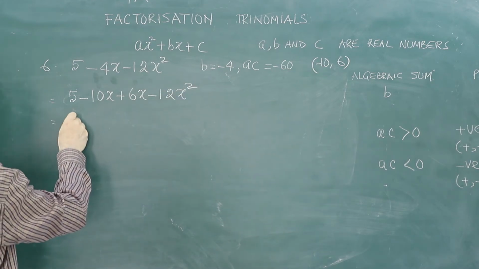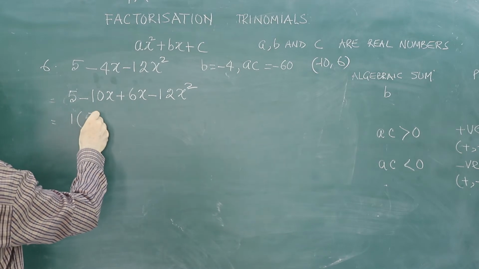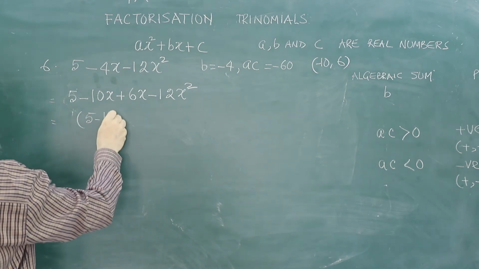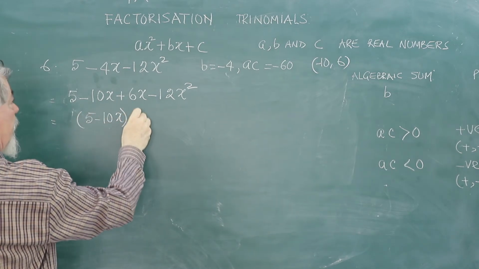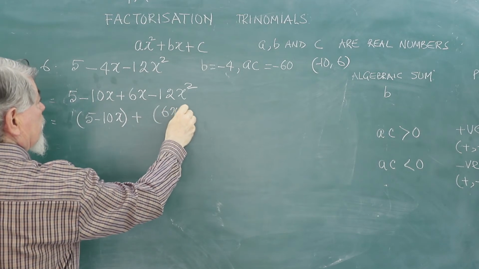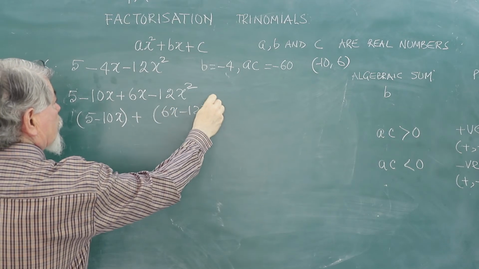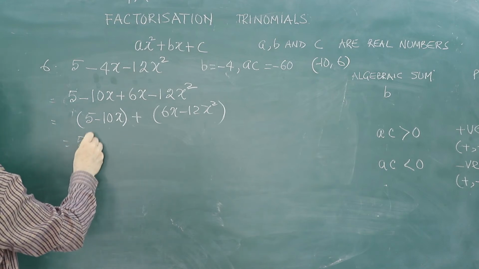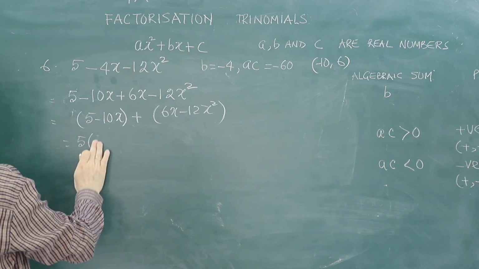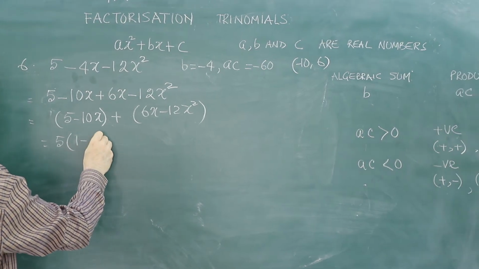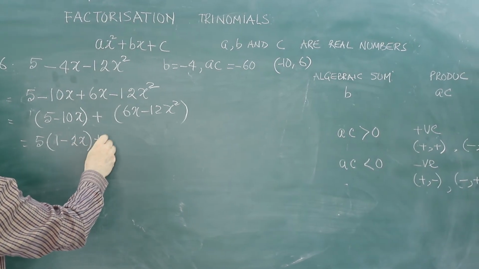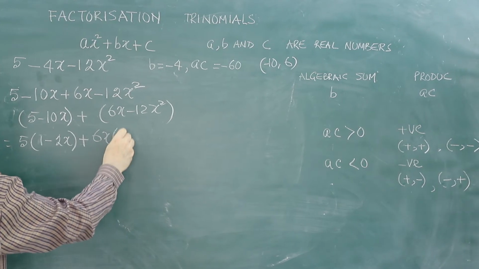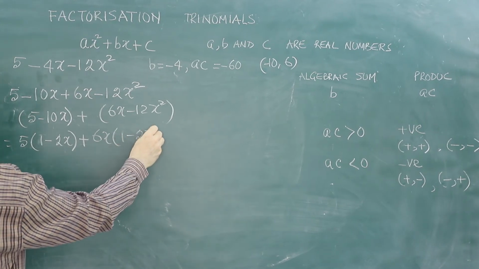Now make pairs here: 5 minus 10x, plus 6x minus 12x squared. Out of the first pair, 5 is common: 5 times 1 minus 2x. And from the second pair, 6x is common: 1 minus 2x.